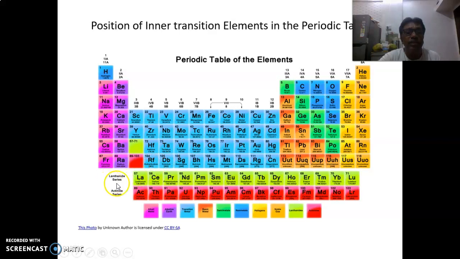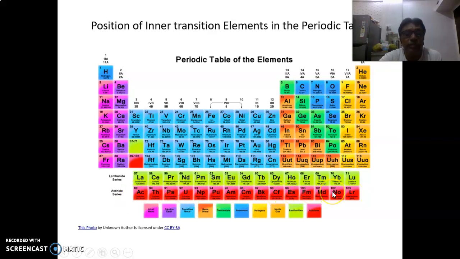So this is the first series, the lanthanide series, and this is the second series, the actinide series. For the elements of the actinide series, the first member is actinium and the last member is lawrencium. So from actinium, atomic number 89, to lawrencium, atomic number 103. Actually all these elements are radioactive elements.